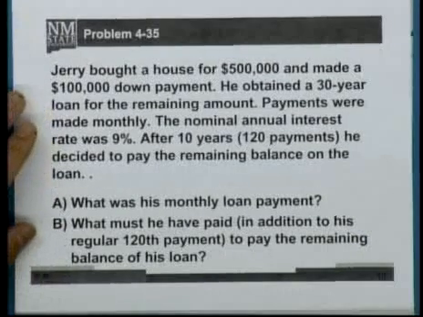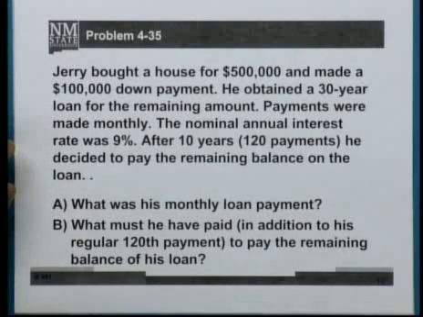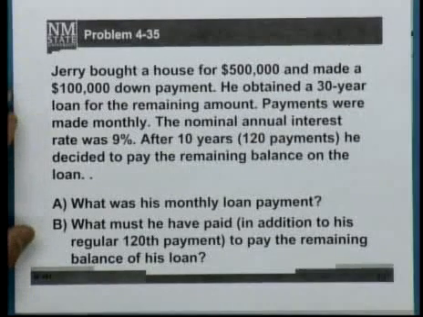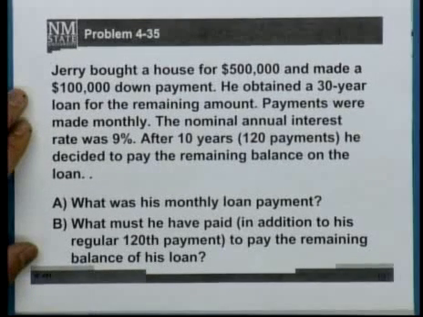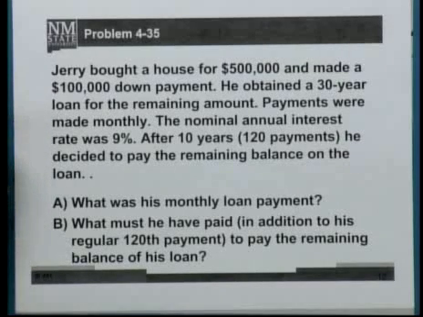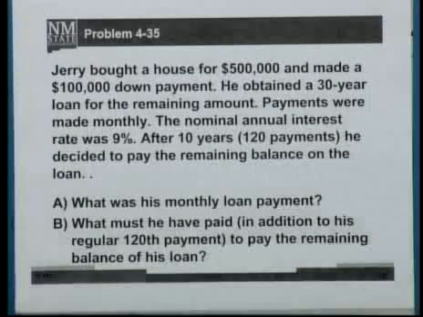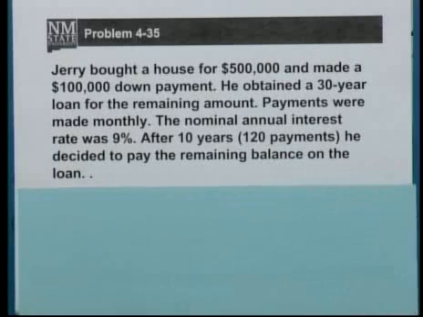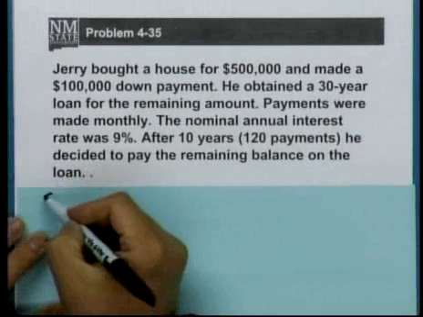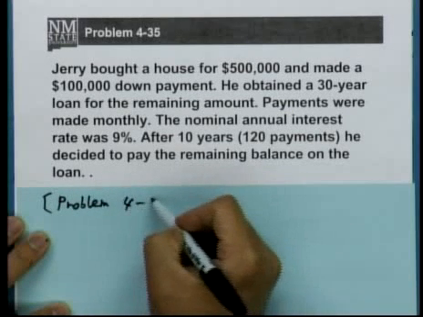And we have two questions. The first question is what was his monthly loan payment? The second question is what must he have paid in addition to his regular 120th payment to pay the remaining balance of his loan. Okay, so as usual, let's draw the cash flow diagram first. So problem number 4-35.